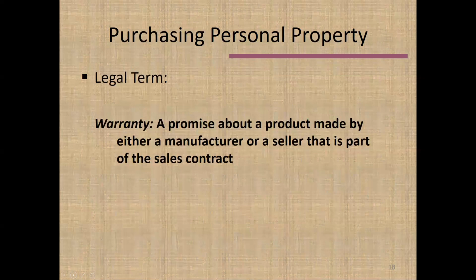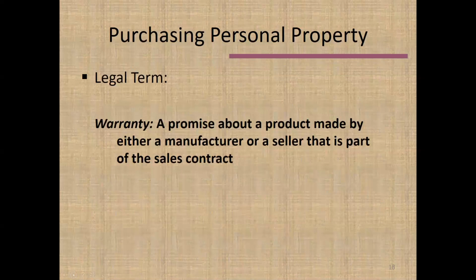Well, it's a promise about a product made by either the seller of the product, could be Walmart, could be Target, could be Bob Smith, your next door neighbor, or it could be a promise made by the manufacturer. If I'm buying a Toro lawnmower from Walmart, Walmart might be making the warranty, or Toro might be making the warranty.